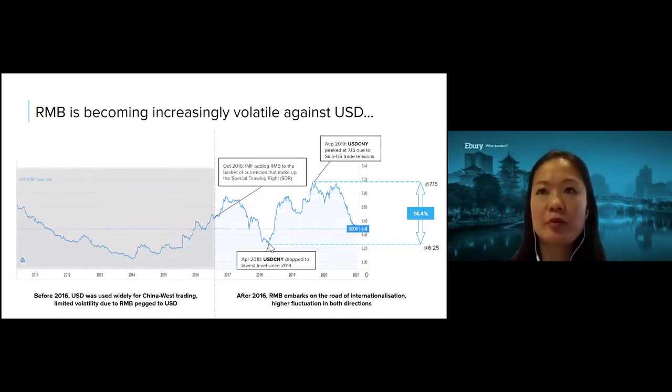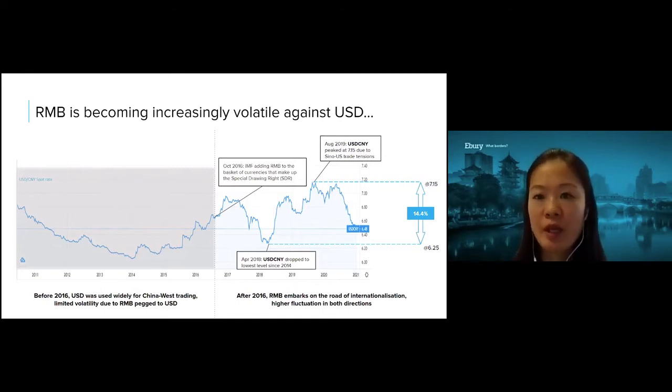Then, because of the increasing trade tensions between China and the US, and because of the tariffs imposed by the US, the RMB depreciated quite a lot, and it peaked in August 2019 when one USD could exchange for up to 7.15.